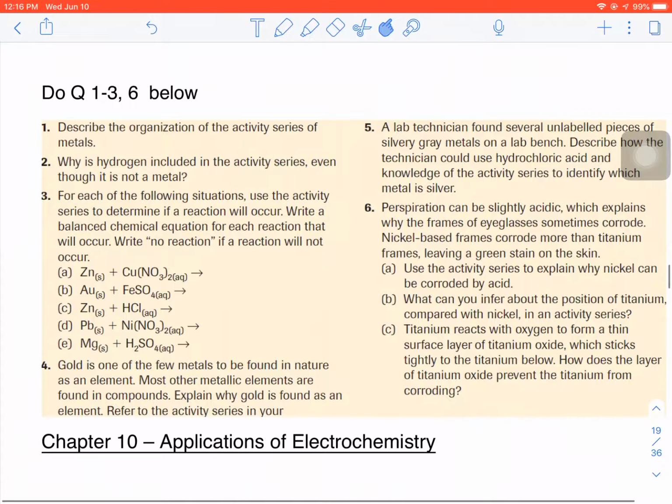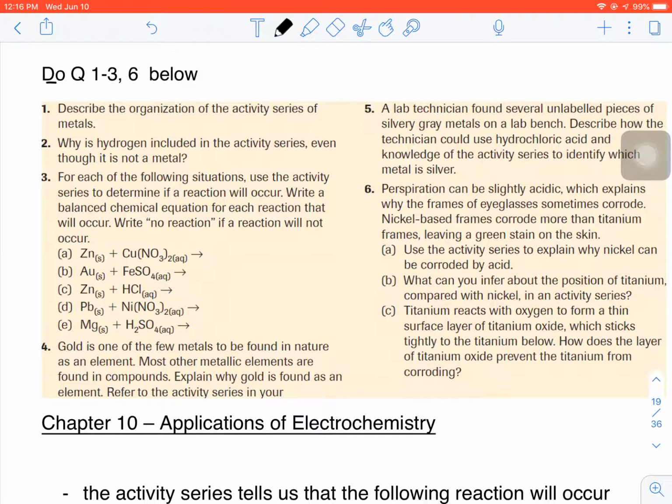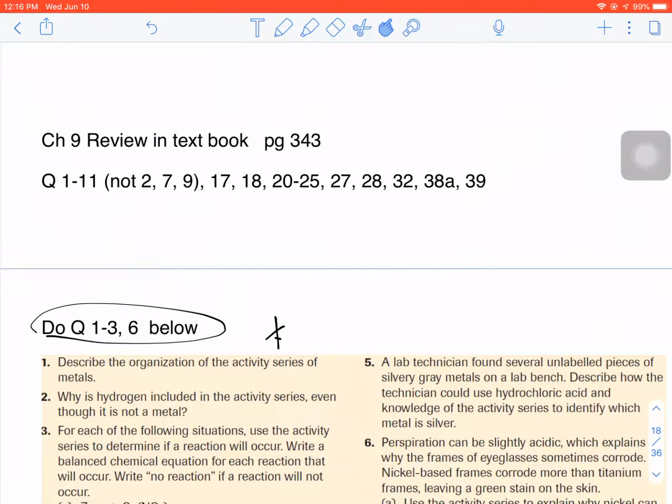I'll get you to do questions 1 to 6, which are not on any page. They're down here below. So you can do 1 to 3, and 6, and then you can actually start working on the review for Chapter 9, and I've left you with specific questions to work on down here.